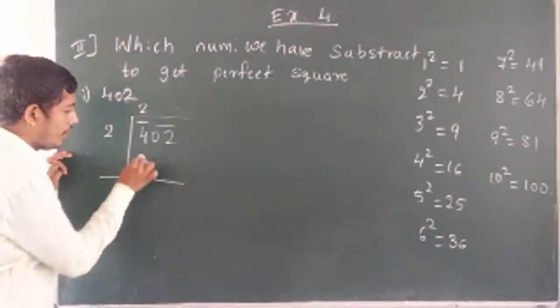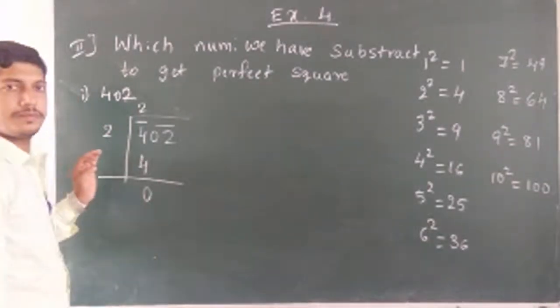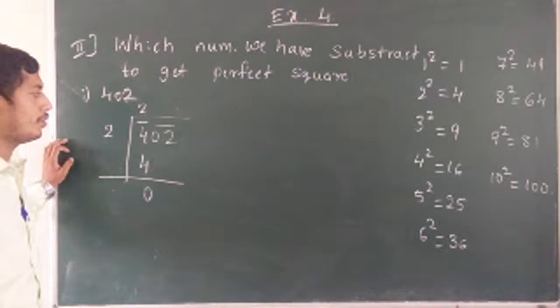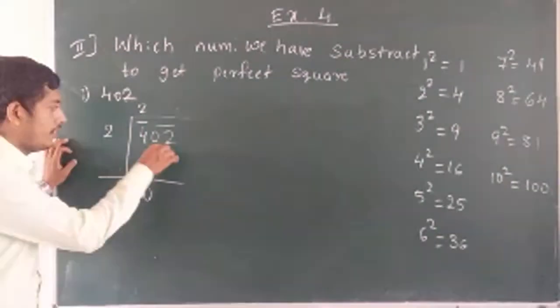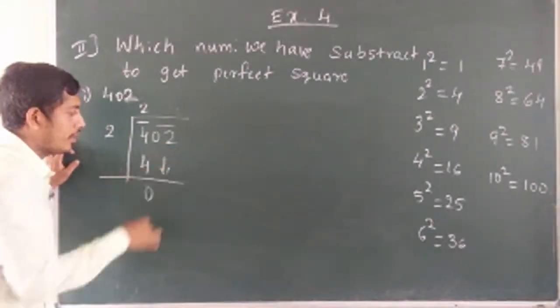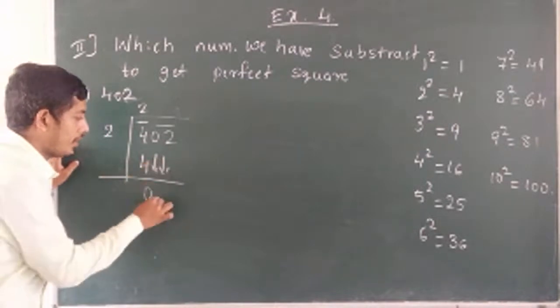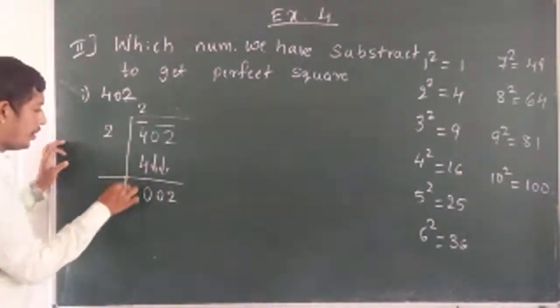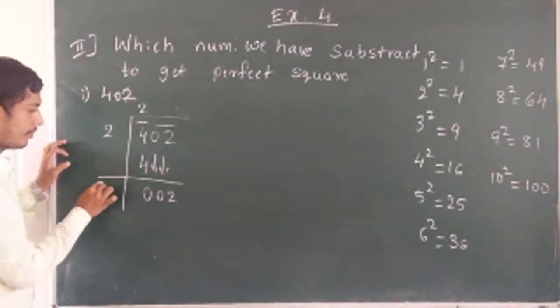What is remaining here? 4 minus 4 is 0. Then I have to shift this 0 and 2 downward. What it becomes? 02. Then 2 plus 2 is how much? It is 4.